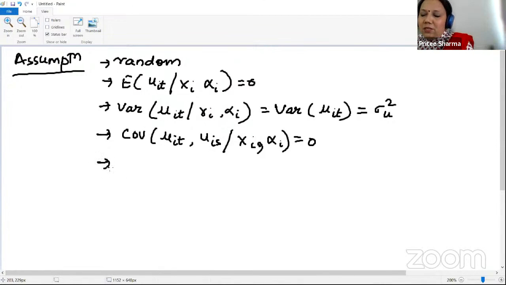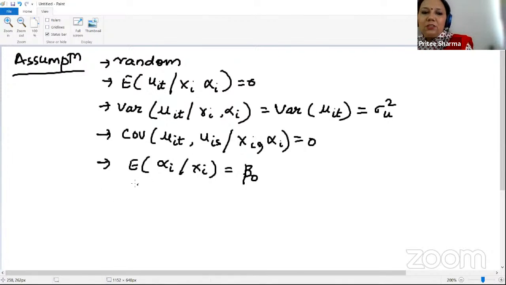And the additional thing here is that the expected value of alpha i conditional upon xi is equal to the component which I wrote as beta naught.